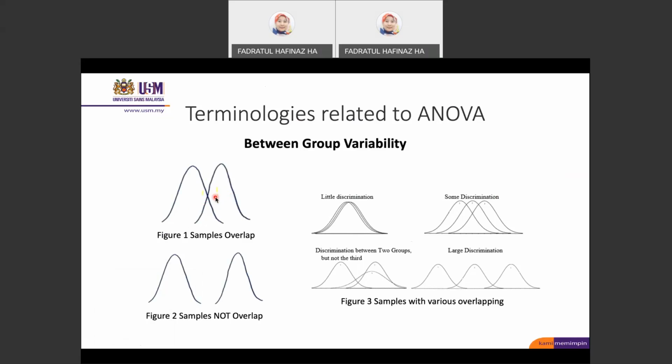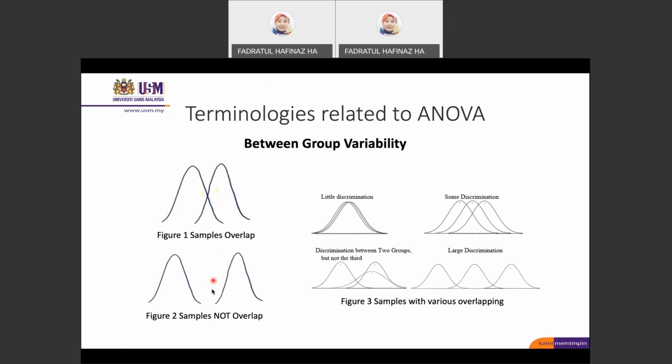As these samples overlap, the individual means won't differ by a great margin. Hence, the difference between their individual means and grand mean won't be significant enough.